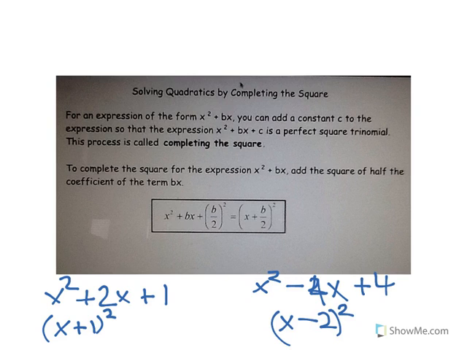Okay, so what we're going to do is strive to figure out a way of changing the expression that we have so we can change something that looks like this, x squared minus 4x, into this, and then we can factor it. I'll show you exactly what I mean in a second.